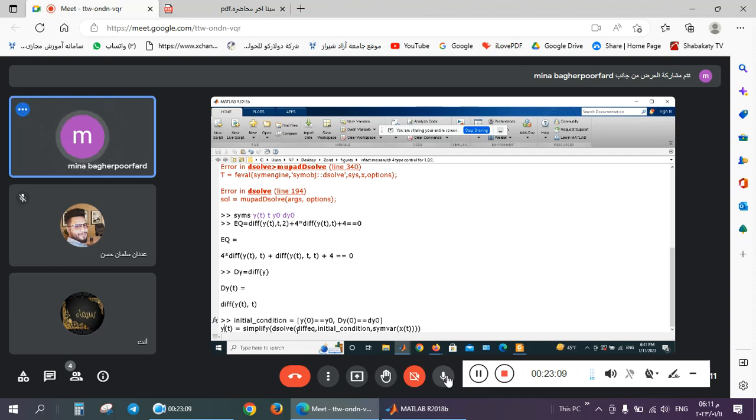Simplify dsolve. The name of my equation is EQ. The initial condition is okay, since I don't have x, I have y.